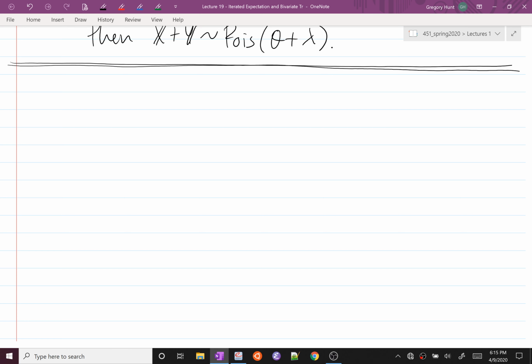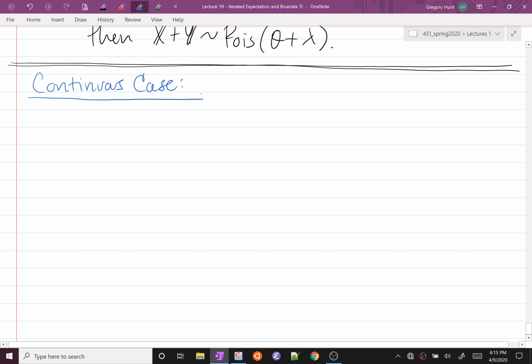And now let's look at the continuous case. All right, continuous case. So in this case, we're going to derive a theorem very much like the univariate transformation theorem, but for the bivariate case.